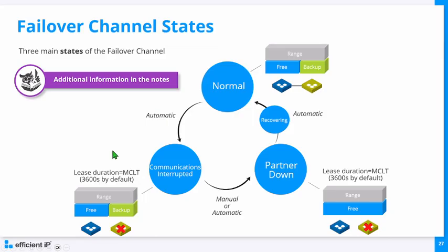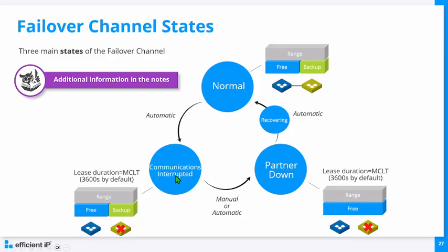Let's say the backup goes down, which means DHCP server 2 is down. You know that they do keep alive. So now the primary will know that the secondary is down. That's why the failover channel state goes to communication interrupt.